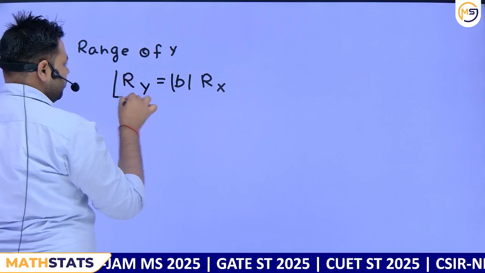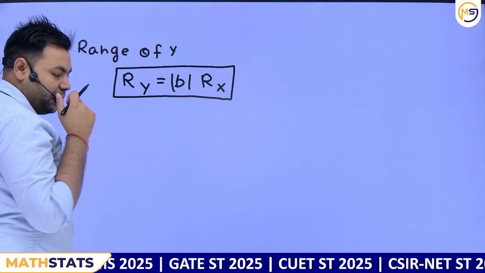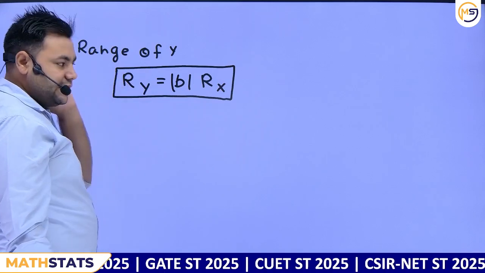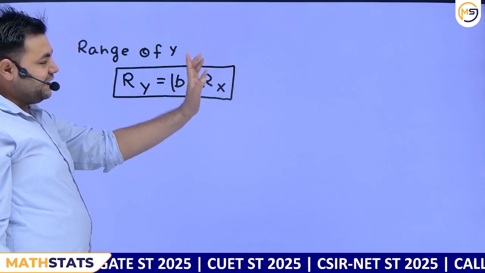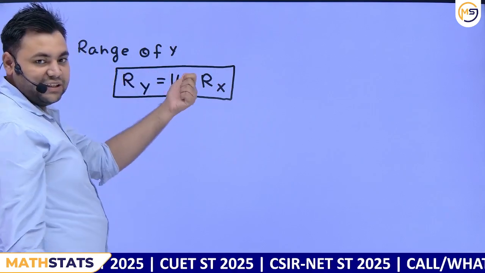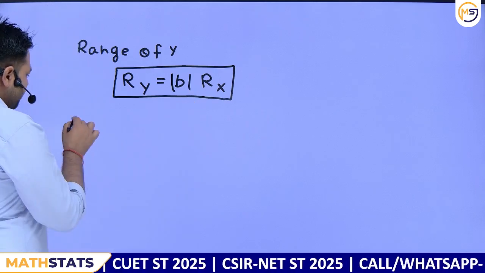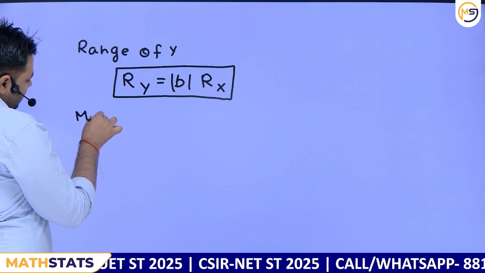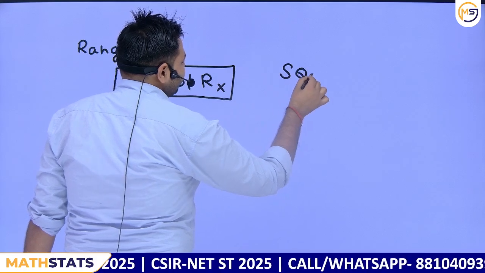So this relation holds. So these are two properties of range. First, if all observations are equal, say c, then range equals 0. Second, change of scale and origin. Range is used in SQC, statistical quality control.